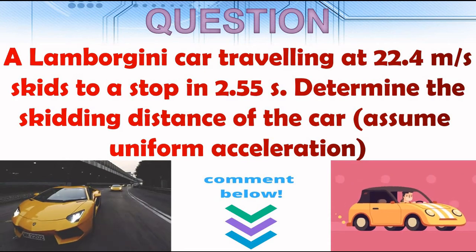So, let's try to solve this problem as we usually do the previous problems. What was the first step that we learned to do in such type of physics questions?